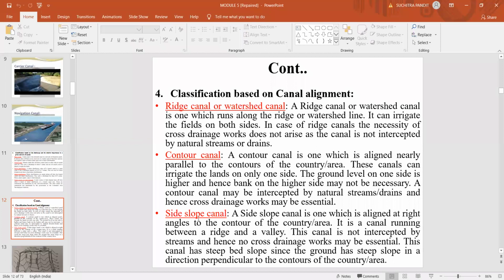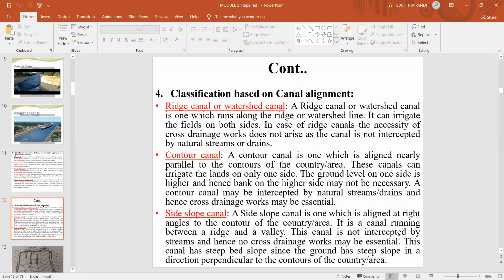Next is the side slope canal. A side slope canal is one which is aligned at right angles to the contour of the particular area. Here the contour canal follows the contour of that particular area, whereas the side slope canal is perpendicular to the contour. It is a canal running between the ridge and a valley.